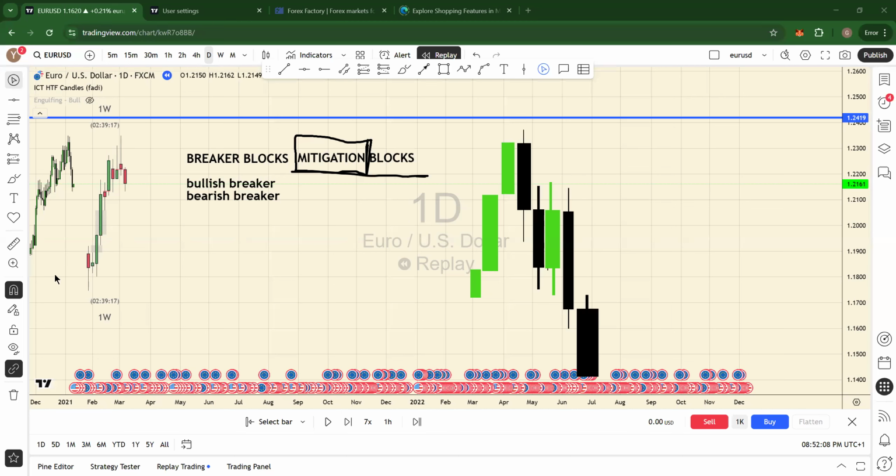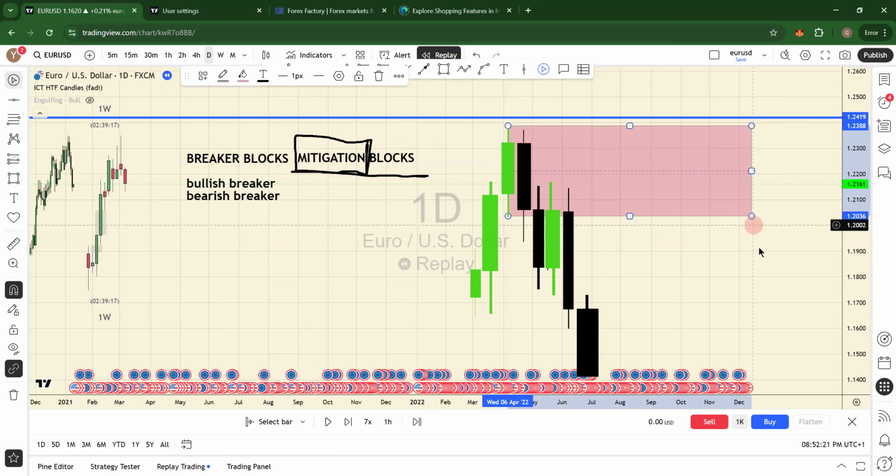So we have something like that. Now, with what I've just explained, this is going to be our bearish order block, right?